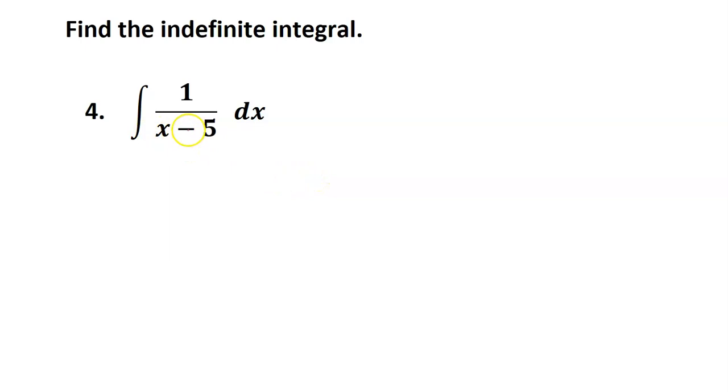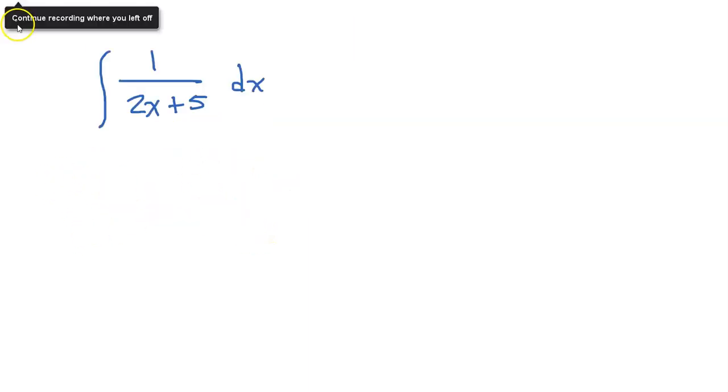You should just say to yourself, okay, fine. The denominator is u. So that means I'm going to have the natural log of u plus c. And of course, u is x minus 5. Because the derivative of u, u prime, was just 1, nothing else really changes.